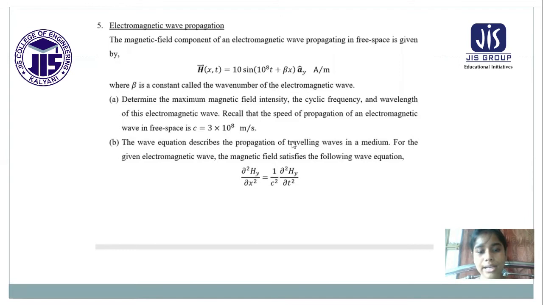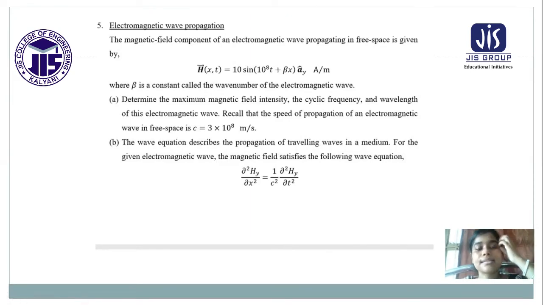The wave equation describes the propagation of traveling waves in a medium. For the given electromagnetic wave, the magnetic field satisfies the following equation. Here you have to prove the wave equation, which we already did in my last slide. If you go through that, you can get it. So this is about the problem or application.